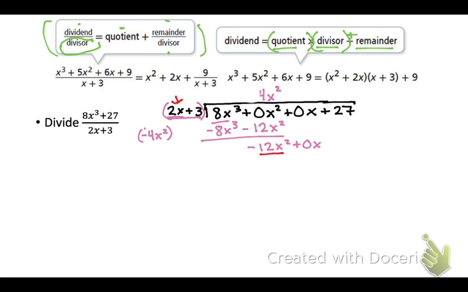Okay, so now, what do I multiply 2x by to get negative 12x squared? Negative, no, positive 6. No, I need exactly it. Negative 6x. So over here, I'm going to have a negative 6x. So a negative of 6x would be a positive. So I'm going to distribute a positive and get what? 12x squared plus 18x.